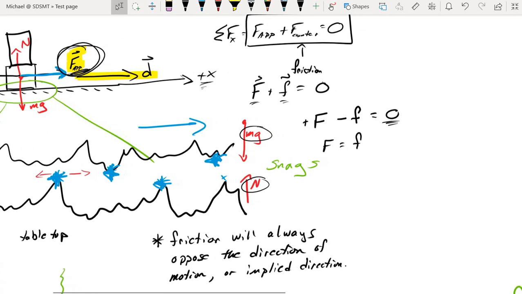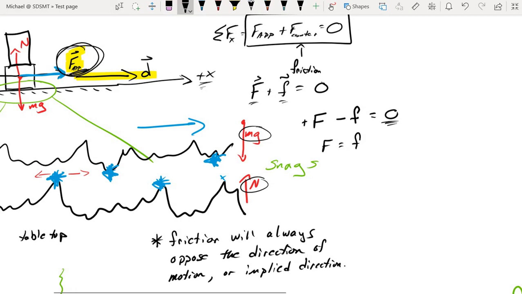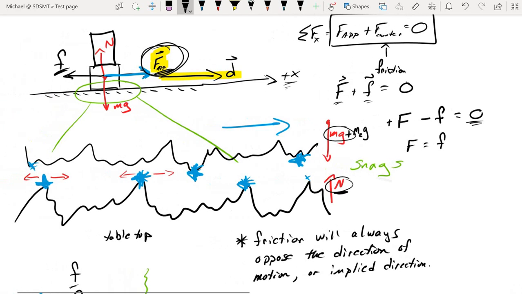That would increase the amount of weight pressing down on the tabletop, and so the tabletop would have to respond by pushing back with more normal force.